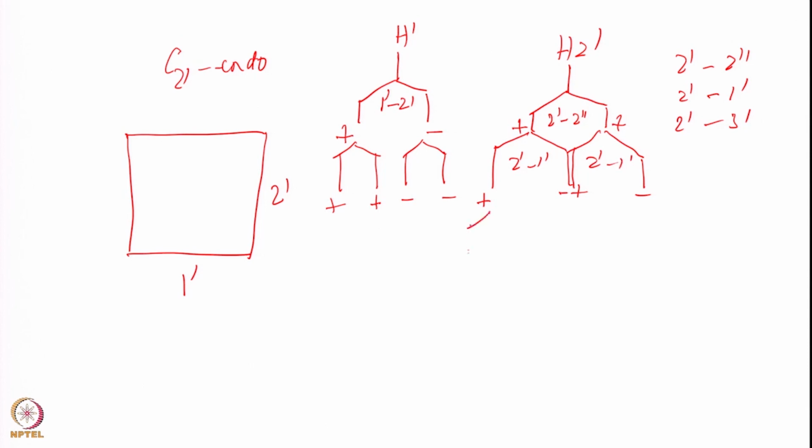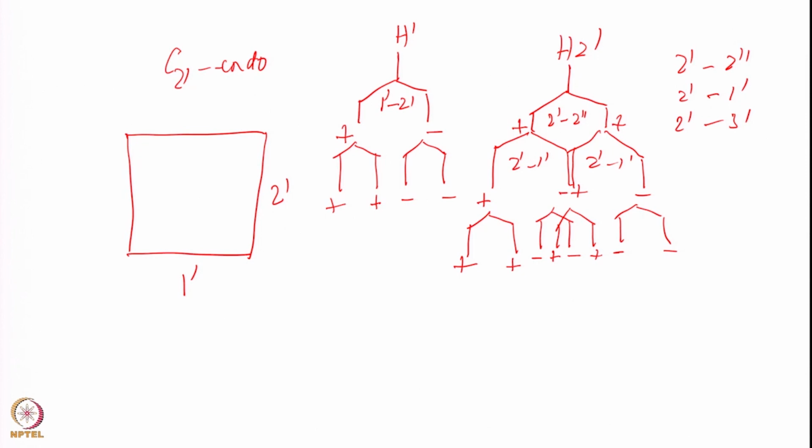So therefore this will be again another passive coupling. So now I will write here plus plus, and this is minus minus, this will be plus plus, and this will be minus minus. So what did you get here?